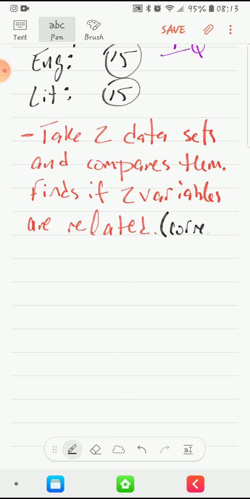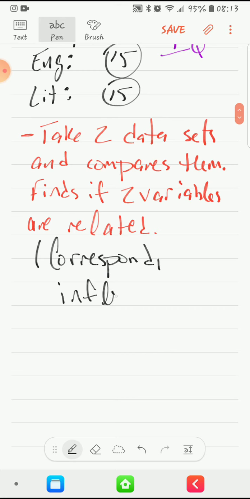Or, is there influence, do they influence each other? They'll have statements like that to ask whether one affects the other. That's the whole idea. That's what regression analysis does.